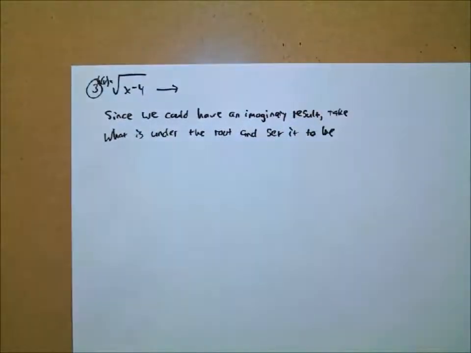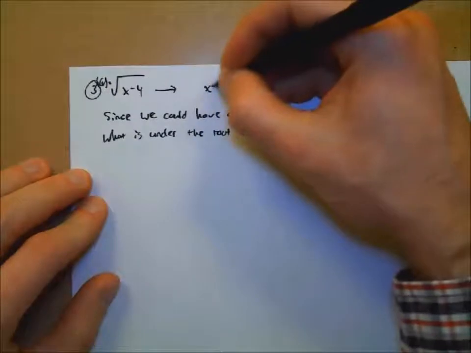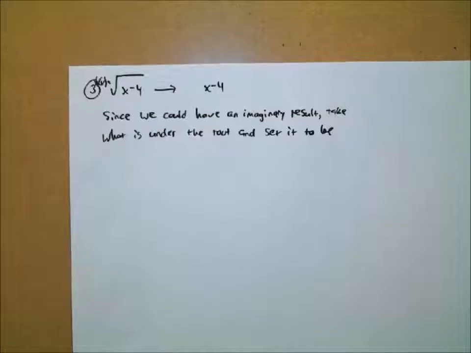If we don't want to take the square root of a negative, we want to take this x minus 4, and what inequality symbol do we want to use here? We want to make sure that it's not negative. How do you represent not negative using inequality symbols, like greater than, less than, greater than or equal to, less than or equal to?